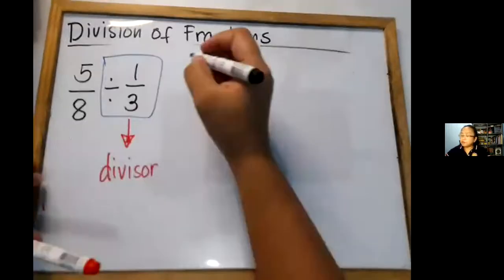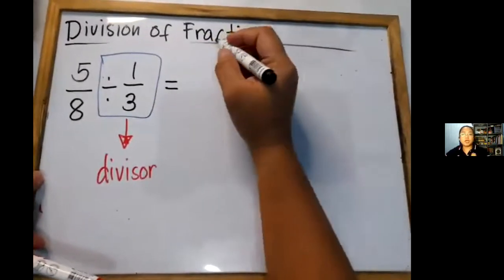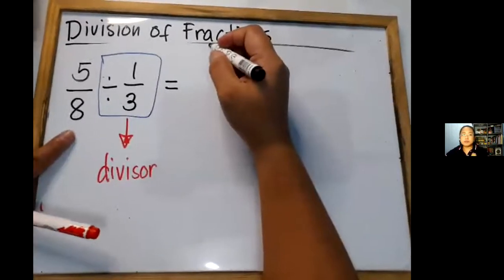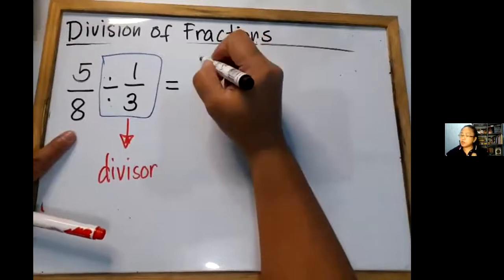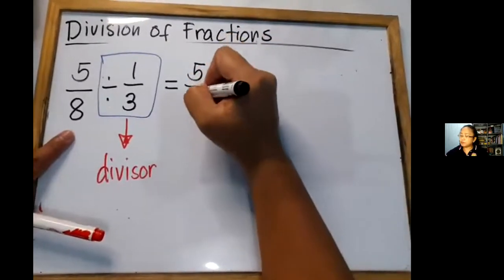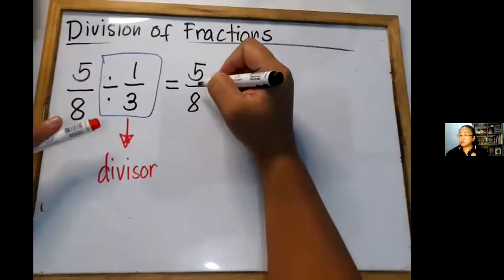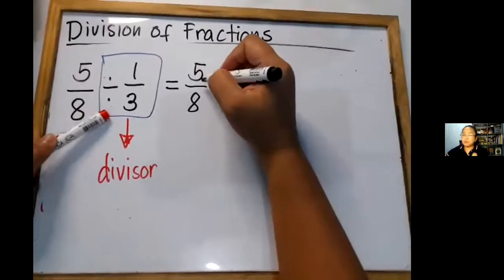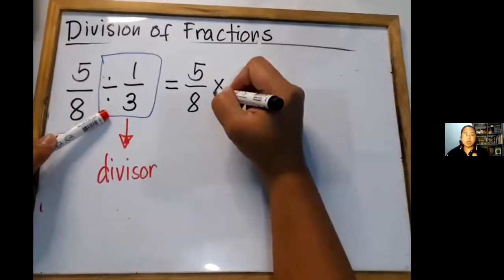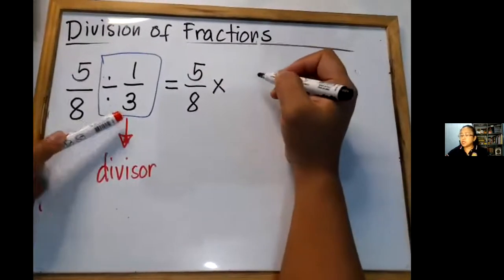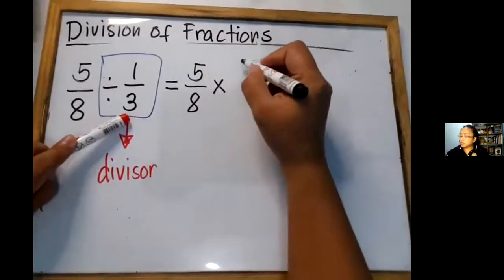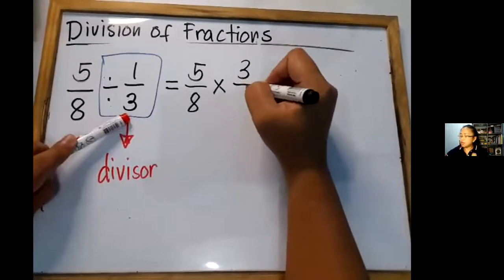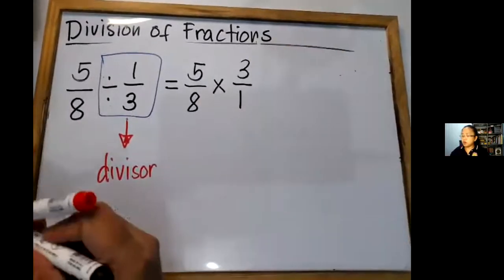So, we'll have 5/8, we copy 5/8. Tapos, yung division symbol natin, we make it multiplication symbol. And then yung 1/3, kukunin natin yung reciprocal, it's 3/1.